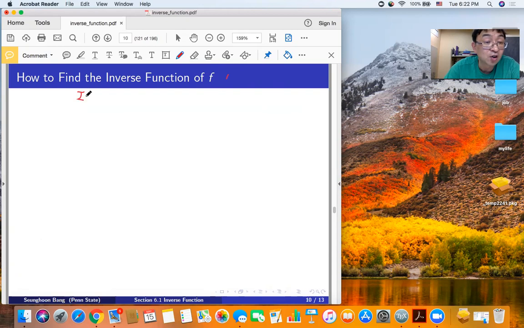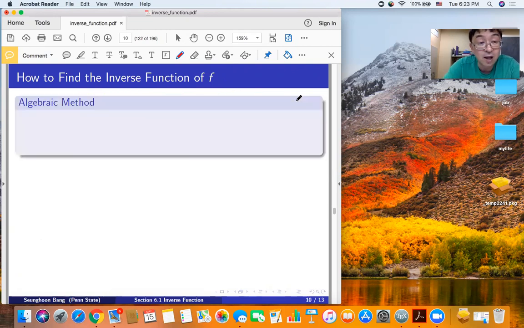Always interchange input and output. This is the main idea for finding the inverse function. This is the main part.